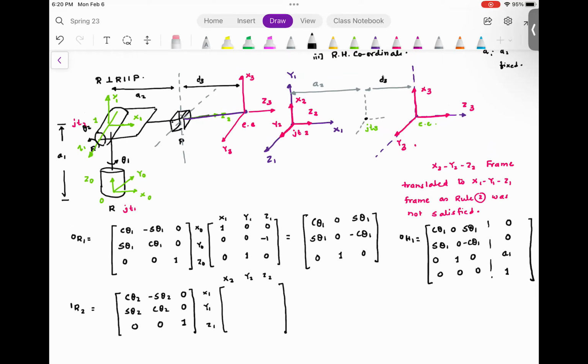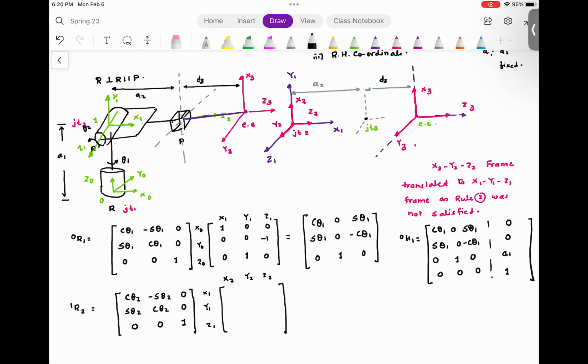So now the question is, which x2 would you choose? Now for the purposes of calculation, x2 is coinciding with x1. Do you agree with me? Because we translated the frame.